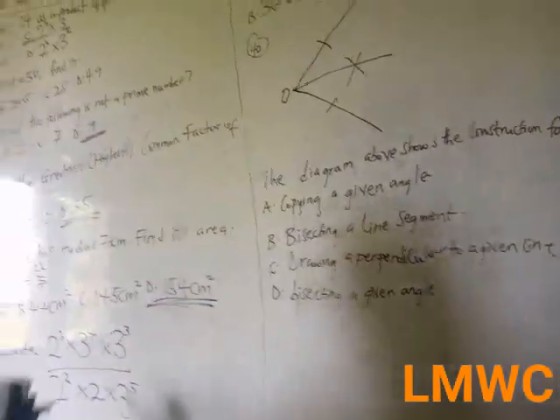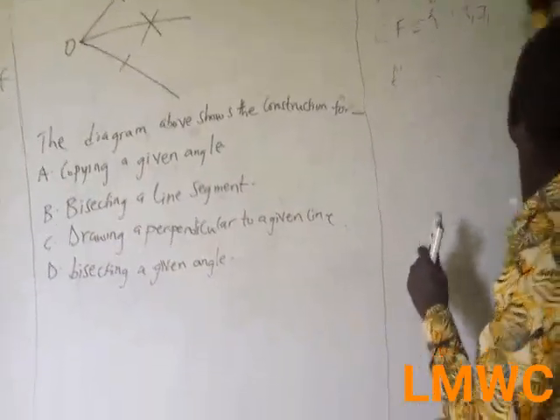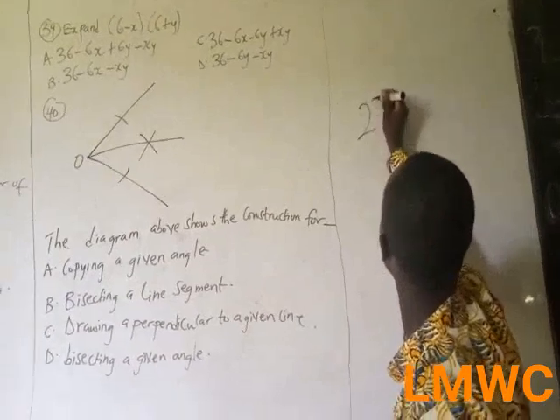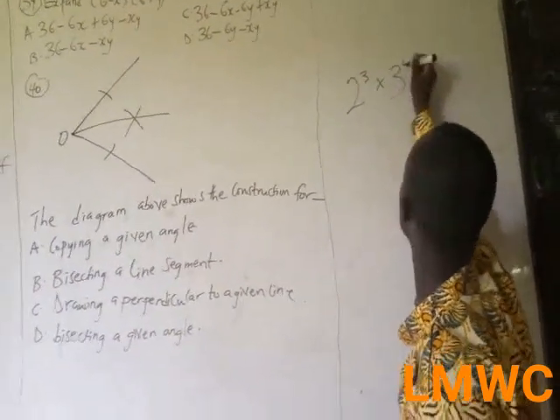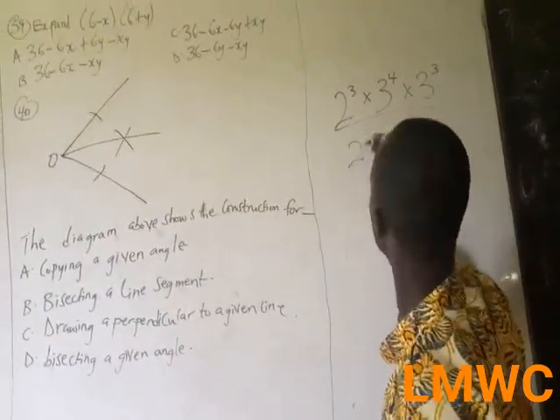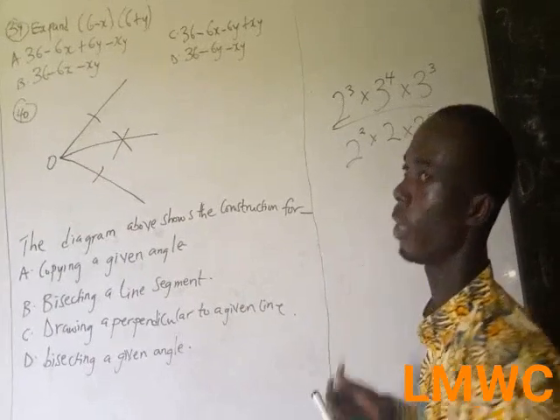So evaluate this. I've been given this nice question. We have 2 cubed times 3 raised to the power 4 times 3 cubed, over 2 raised to the power 2 times 2 times 3 to the power 5.